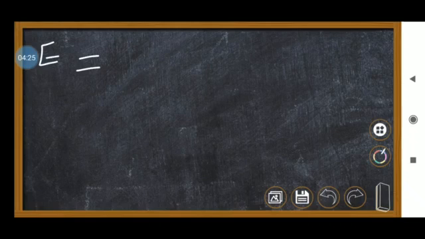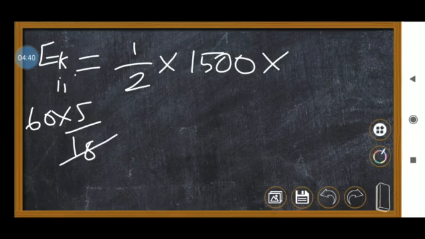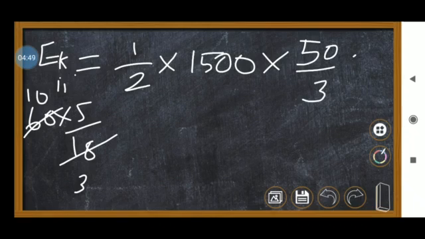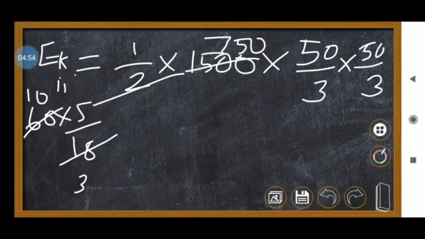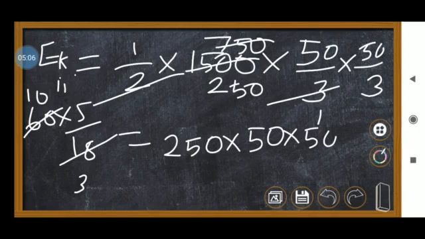So the kinetic energy in the second case is half into mass 1500 kg into v square. 60 kilometer per hour converted into meter per second: 3 6s are 18, 10 6s are 60, so 50 divided by 3, and 50 divided by 3 into 50 divided by 3 because of the square. 1 2 is 2, 750 2s are 1500, 1 3 is 3, 250 3s are 750, so 250 into 50 into 50 divided by 3.